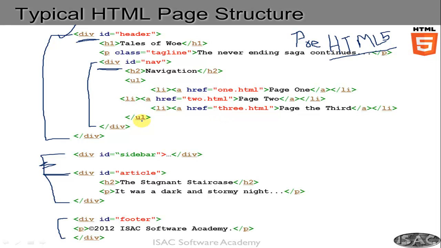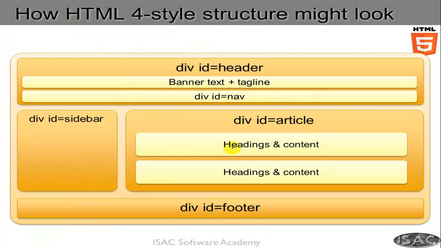Remember, this ID can be anything, so if I put something else, you can't figure out what is what. But in HTML5 there is a way that you can figure it out. We'll see how. So this is the old HTML4 style, just putting div and div.